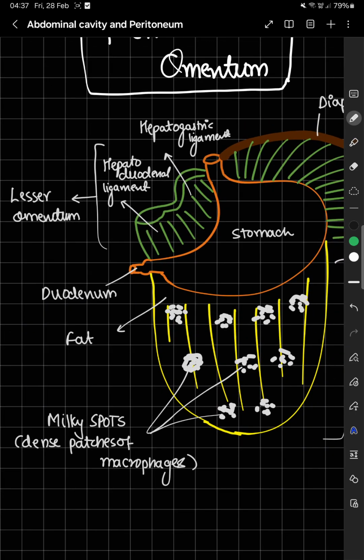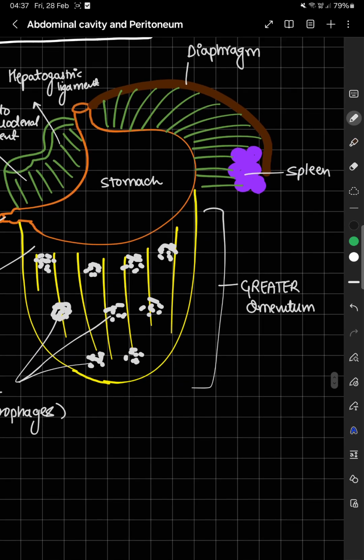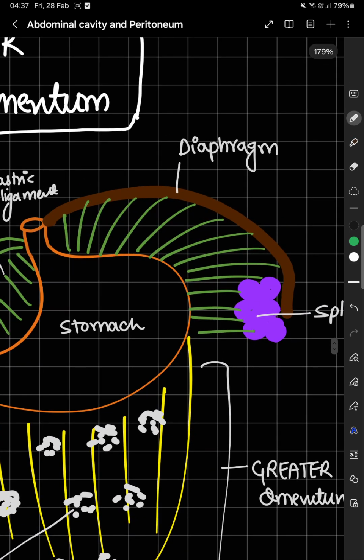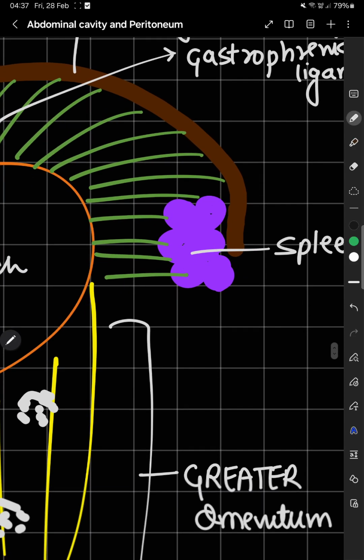Near the lesser curvature of the stomach, we have the duodenum, diaphragm, spleen, and here also. Here we have a ligament which is present between the stomach and the diaphragm. So it's known as the gastrophrenic ligament. And here we have a ligament present between the stomach and the spleen.